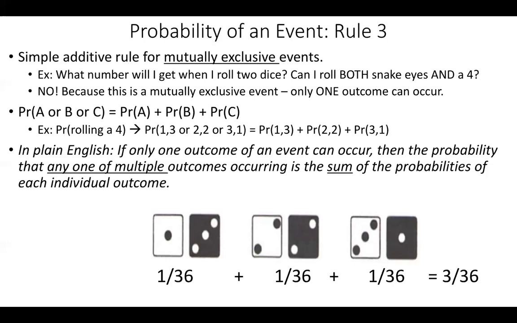Or in the case of these 3 die rolls, the probability of rolling a 4 is adding up the probability of getting the 1 and 3, plus the probability of getting a 2 and 2, plus the probability of getting a 3 and 1. That's 1 out of 36 plus 1 out of 36 plus 1 out of 36.